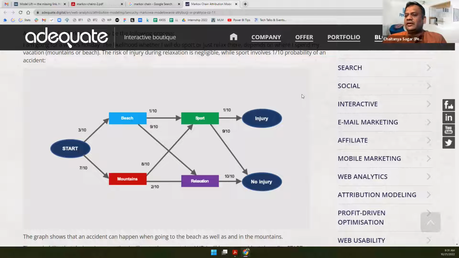We know there are various series of activities or events that can happen, and depending on the path, the final probability will be determined. This is a very simple scenario where you have just two outcomes each, and then an eventual outcome at the end.